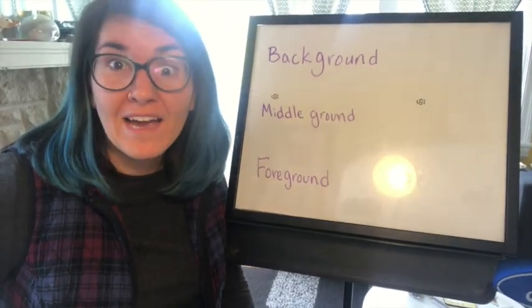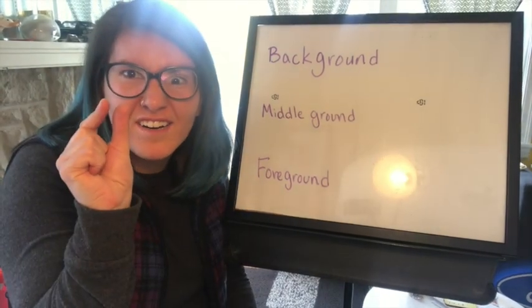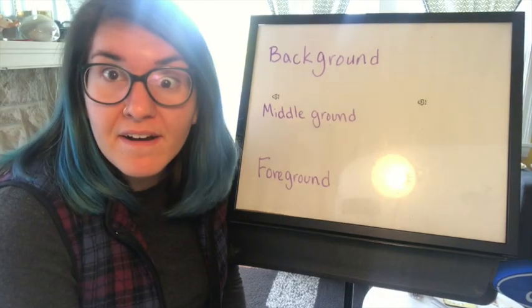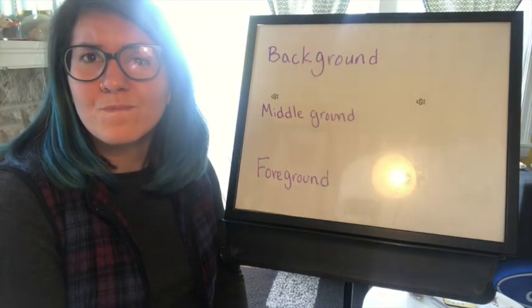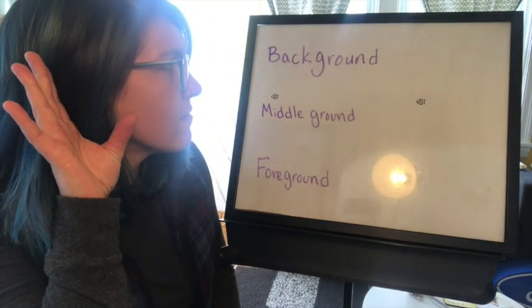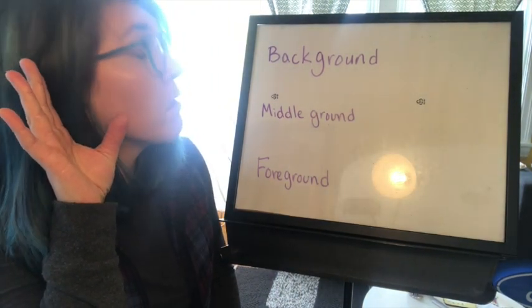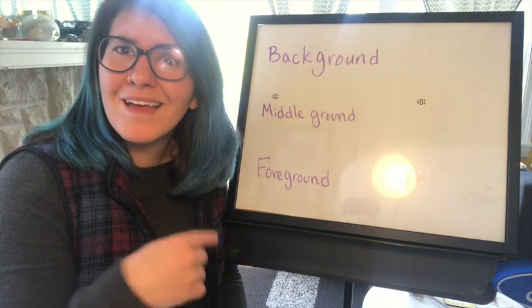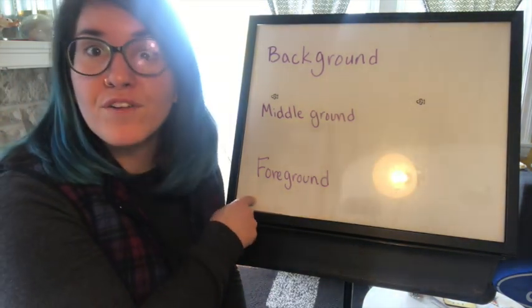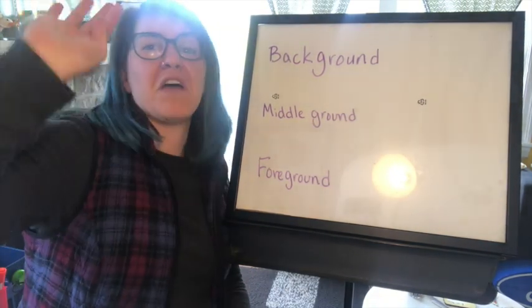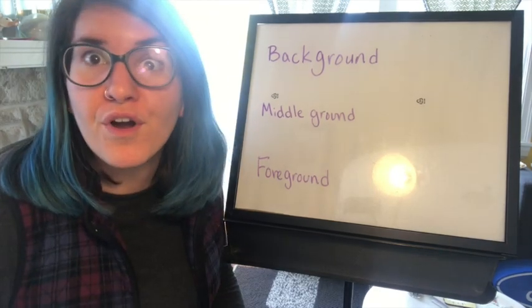The stuff in the background is smaller, and the stuff in the foreground or the front is bigger than the stuff in the background. Why do you think that is? Oh, yeah, because the stuff in the foreground is closer, and the stuff in the background is farther away.